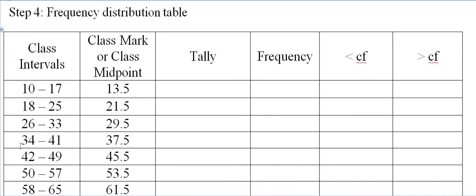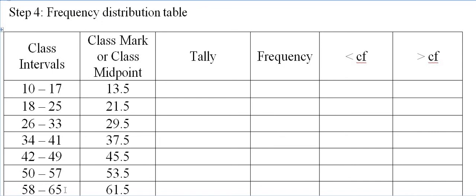After 41, we have 42. 42 plus 8 minus 1 equals 49. After 49, we have 50. 50 plus 8 minus 1 equals 57. After 57, we have 58. 58 plus 8 minus 1 equals 65.